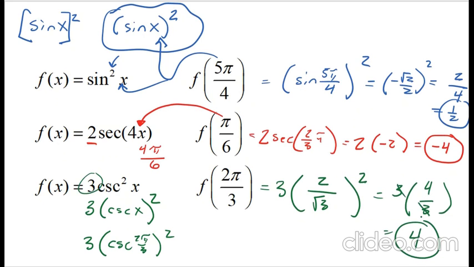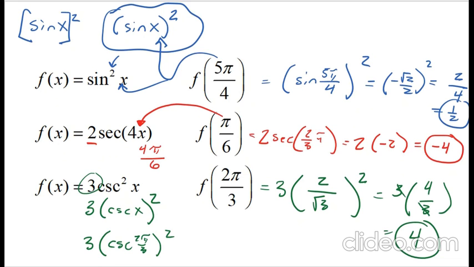So these problems are really about following order of operations. You have to plug the angle in for x. Once you plug that angle in, do what you need to. Utilize the unit circle as your guide to tell you what that value is. And then again, continue on with order of operations.